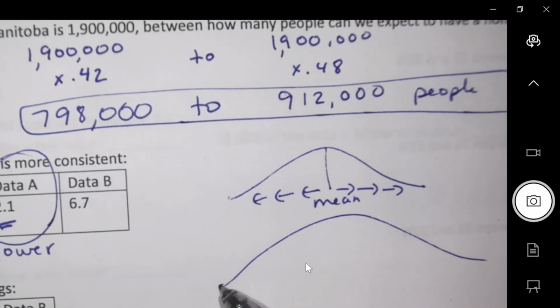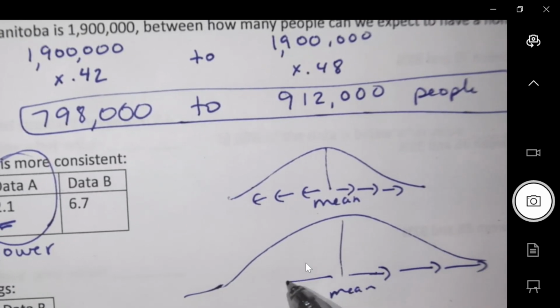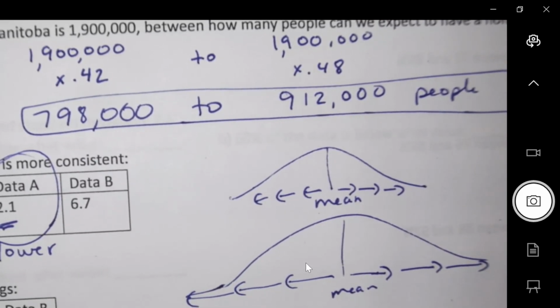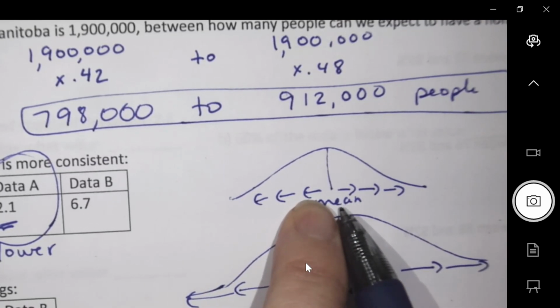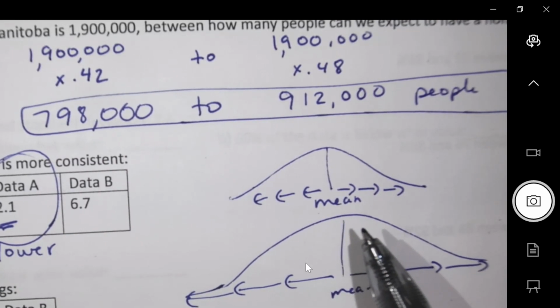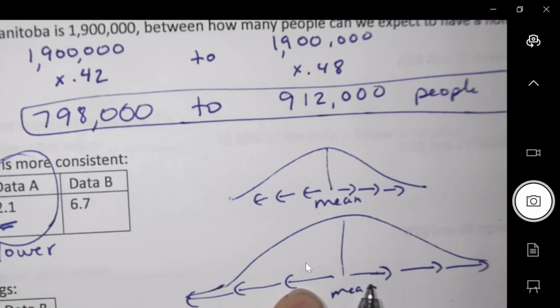If we have our mean and then we go out 6.7, so who is more consistent? The lower. The ones that are lower are scoring closer to the average. The higher your standard deviation, the farther you are jumping away from your average, so you're really low and really high.